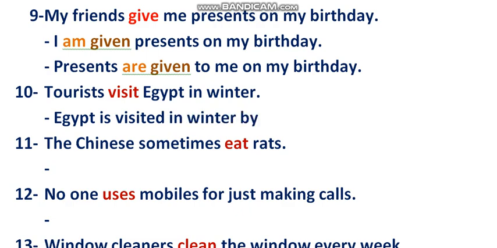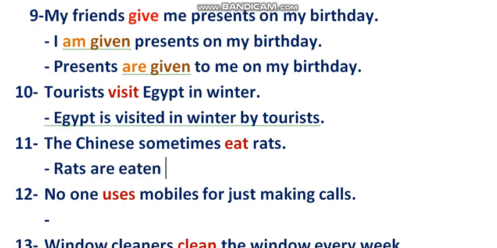We can also say by tourists. I said that's optional. The Chinese sometimes eat rats. The object is rats. That's plural, so we need are. Eat, ate, eaten. We can say by the Chinese.